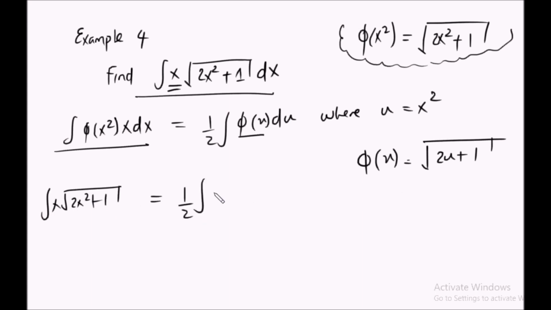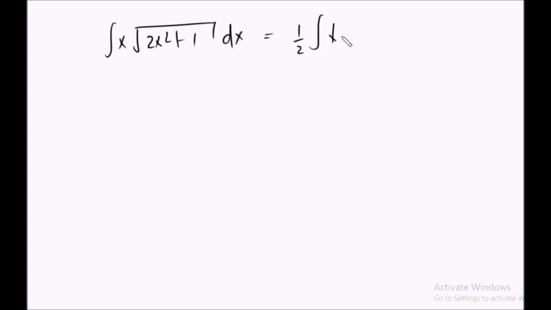So psi u ndo huyu hapo, the square root of 2u plus 1 du. So nimefika mpaka hapo. Let me start a new page like this. Nimesema kwamba if I integrate x, we have 2x squared plus 1 with respect to x is just equal to 1/2. So I integrate 2u plus 1 with respect to u. So I want to integrate this one.